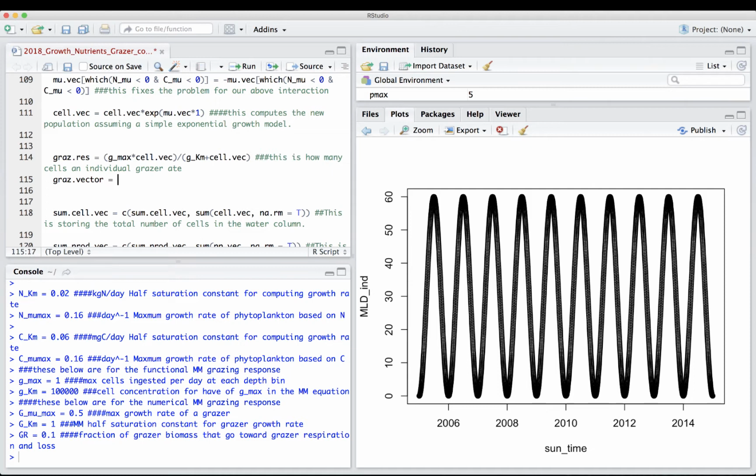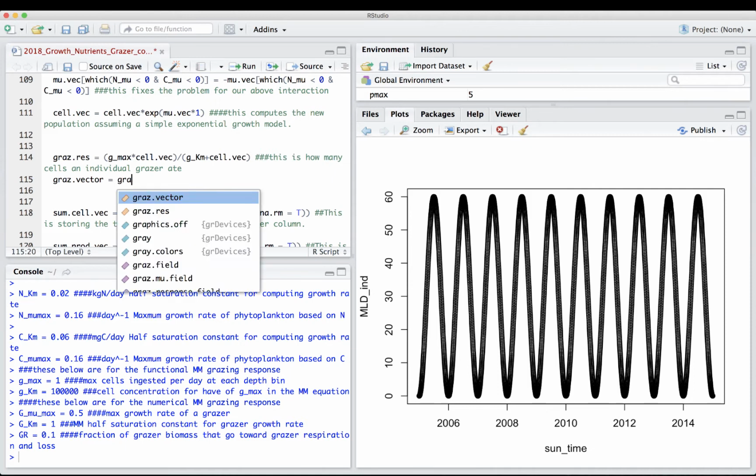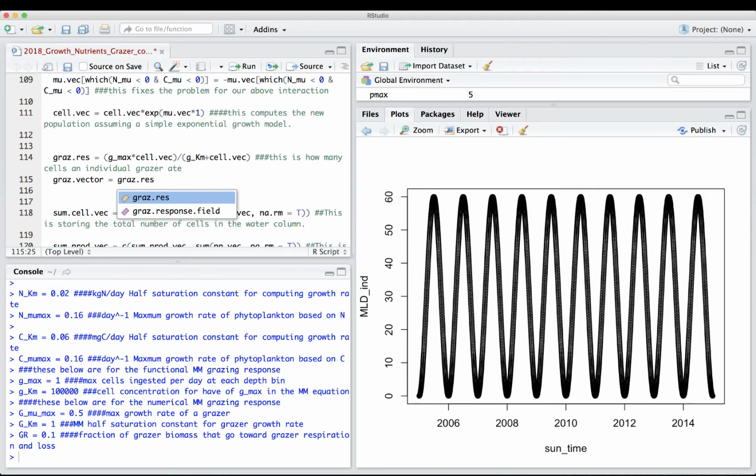All right, so then what we have is the grazing vector that's going to equal the grazing response, right, times how many zooplankton there are, how many grazers there are.